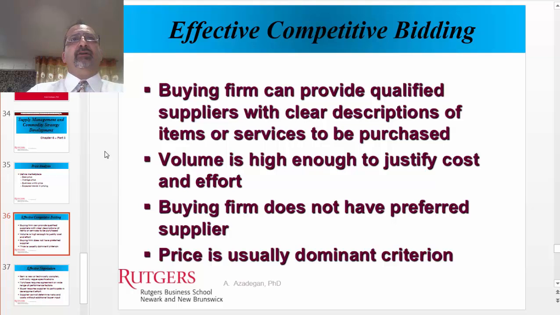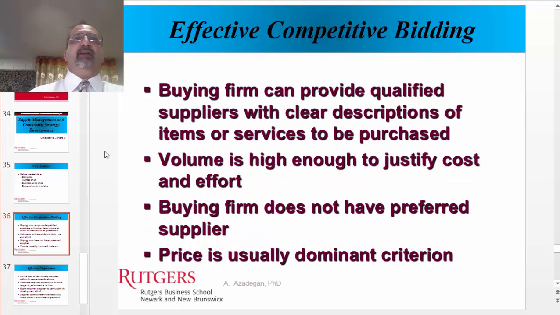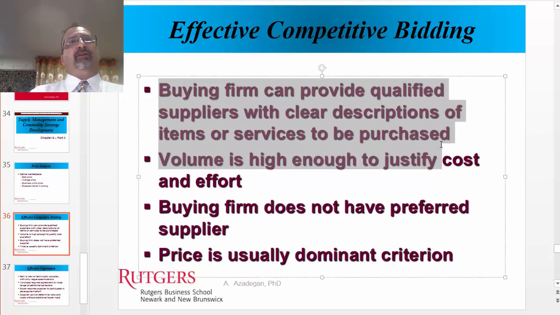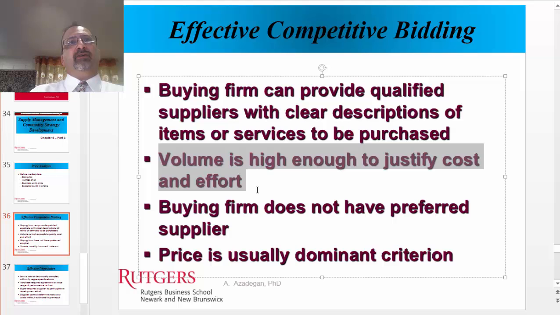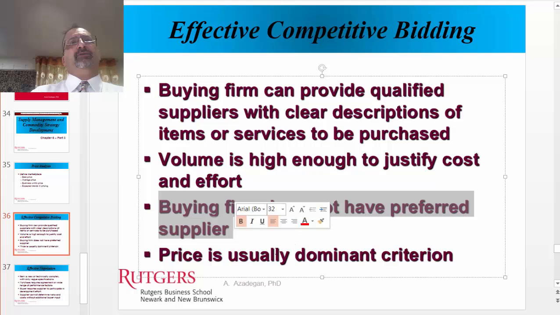We mentioned earlier that supply and commodity strategies can be based on either competitive bidding or negotiation. Now, effective competitive bidding can be done when the buying firm can provide qualified suppliers with clear descriptions of the items or services to be purchased, when there's enough volume, high volume, to justify the cost and effort of going through competitive bidding and having bids with many suppliers, and when the buyer doesn't really have a preferred supplier.